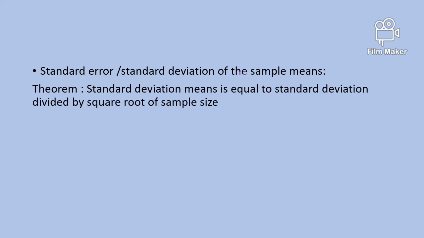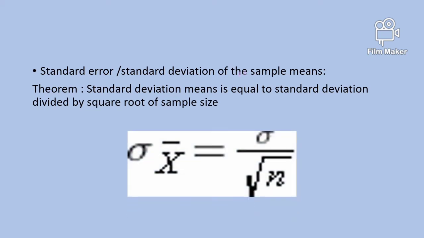Standard error, or standard deviation of the sample means. Theorem: the standard deviation of the mean is equal to the standard deviation divided by the square root of the sample size. So this will be the formula. Standard deviation of the mean is equal to the standard deviation divided by the square root of n.